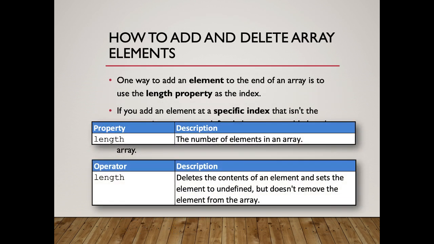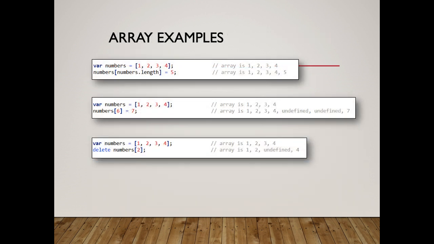For being able to add and delete array elements, there's a couple different functions that you can use. One way to add an element is to use the length property. If you change the length of an array, it'll just make it undefined at that end. But most likely, that's not how we're going to interact with an array. If we're wanting to change an array, usually we have something that we want to put inside of it.